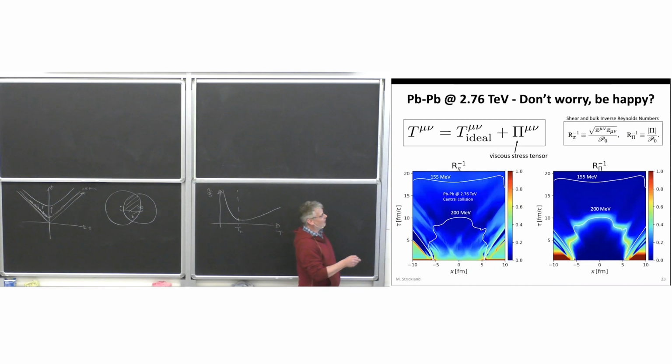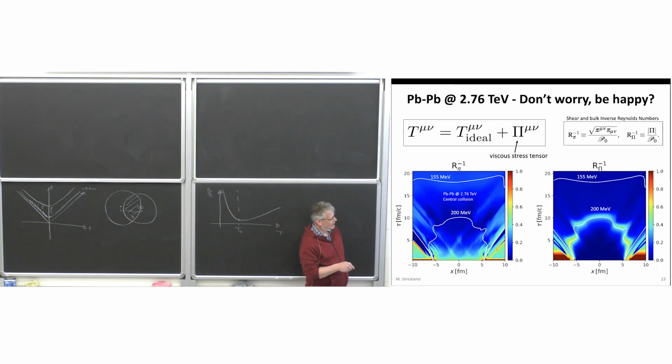The color coding on the left is showing you the shear inverse Reynolds number, and on the right, the bulk inverse Reynolds number. Anywhere it's red or even black down here, or maybe even green, is where you're being pushed very far from equilibrium.